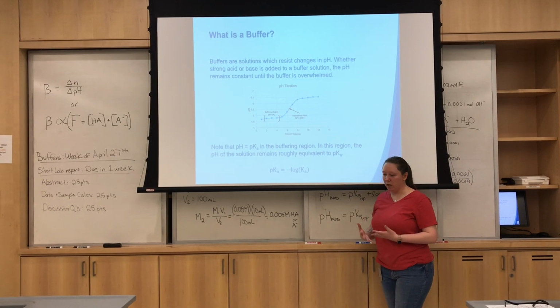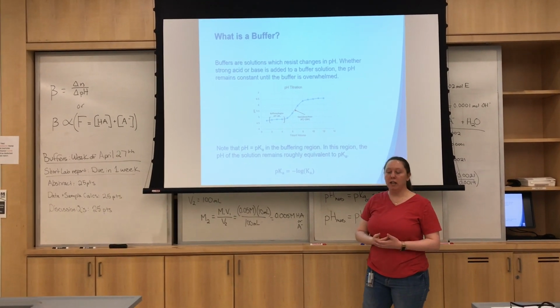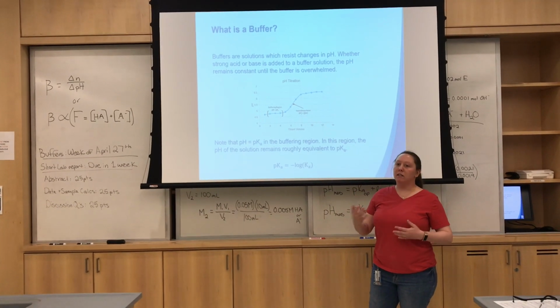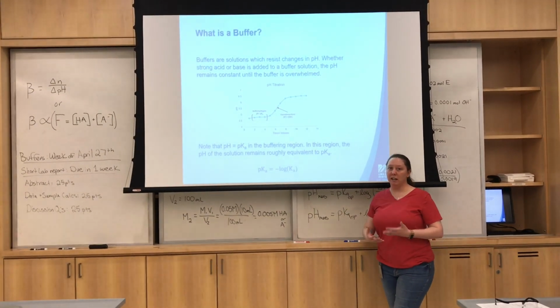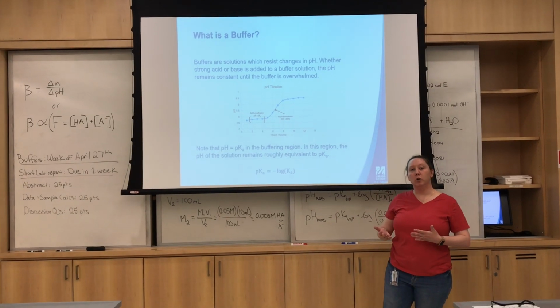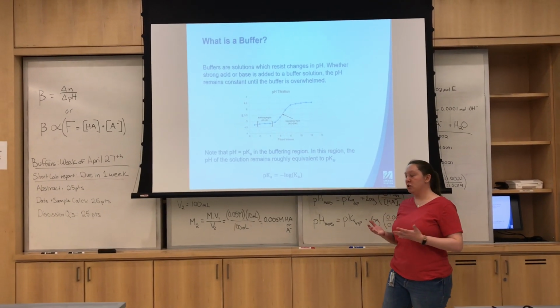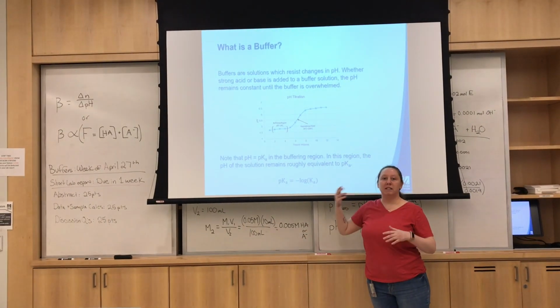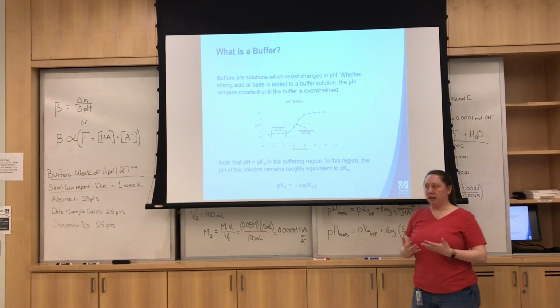And why would you want a buffer? So if you're doing a chemical reaction or a cellular experiment or something that is sensitive to a pH, you want to make sure to have a buffer system that will maintain that pH for you during your experiment.